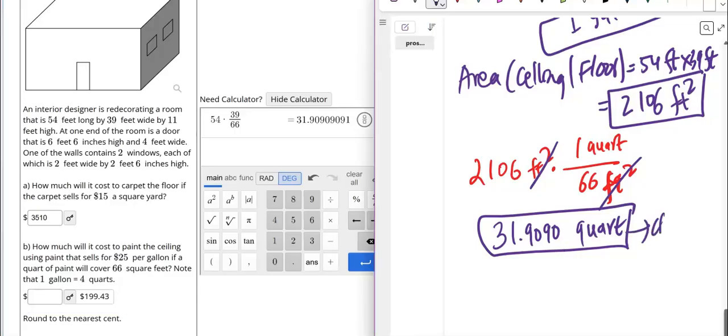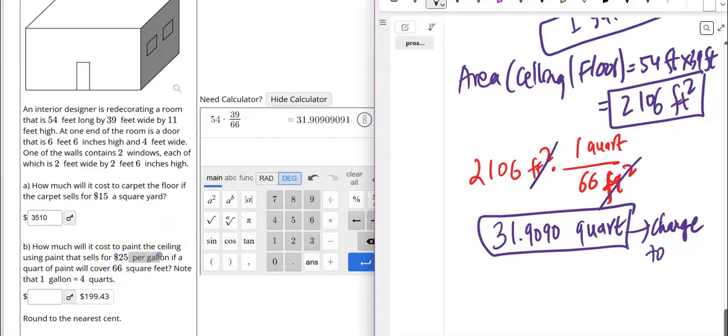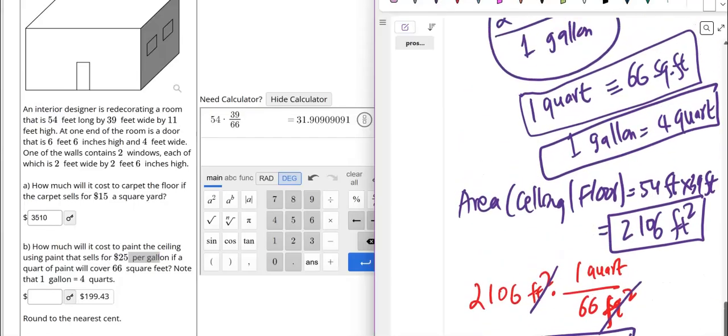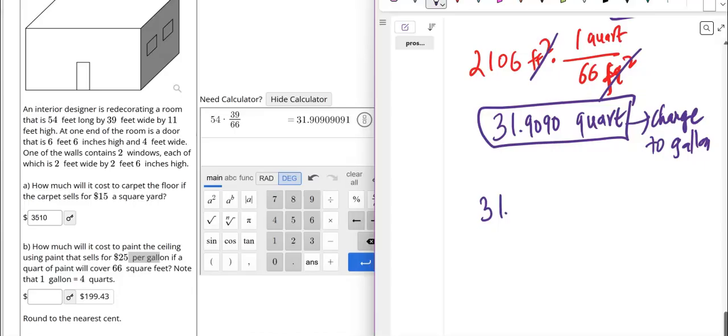Now I want to find how many gallons this is. Let's change to gallons because I know how much 1 gallon costs. Remember that 1 gallon equals 4 quarts, that is given here. To change to gallons, you multiply the quarts by gallon over quart, with quart at the bottom and gallon at the top.